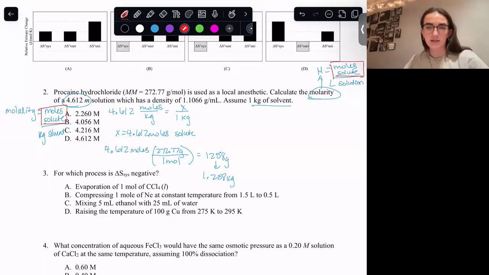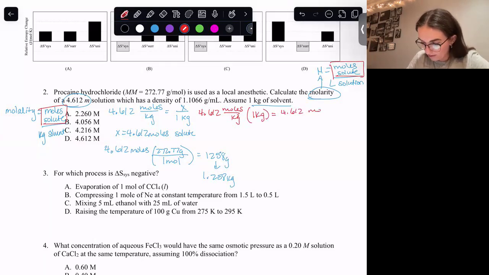So this is just setting up where we have 4.612 moles of solute over kilograms of solvent equal to whatever this is divided by 1 kilogram. That's where our X comes in. You could also do it where it's 4.612 moles over kilogram, and then you multiply by 1 kilogram that way, and you get 4.612 moles.